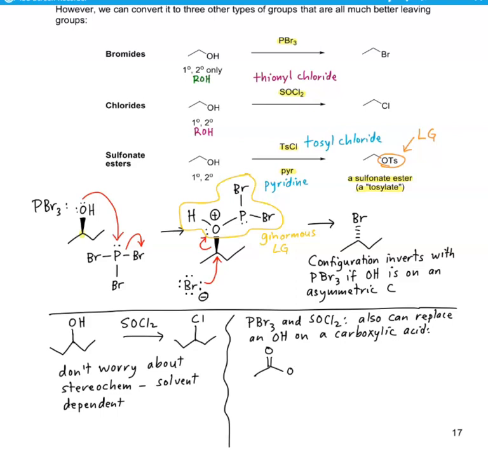We'll just use acetic acid as our example. If you treat acetic acid with PBr3, you'll get an acid bromide. And if you treat it with thionyl chloride, SOCl2, you get an acid chloride.